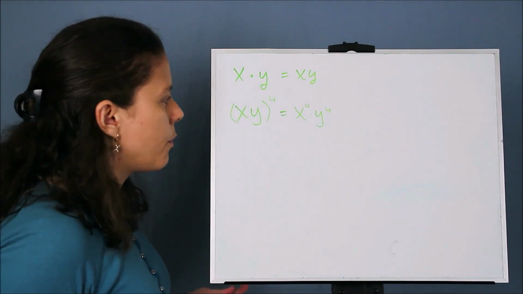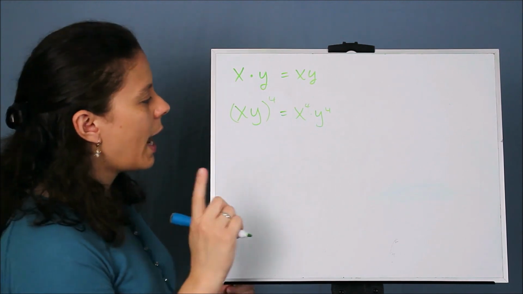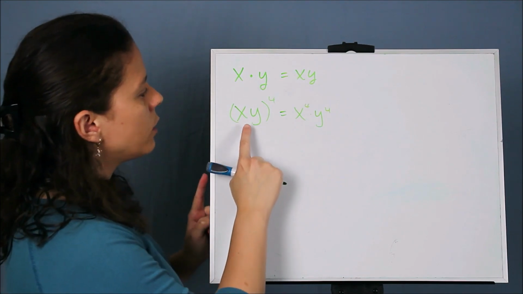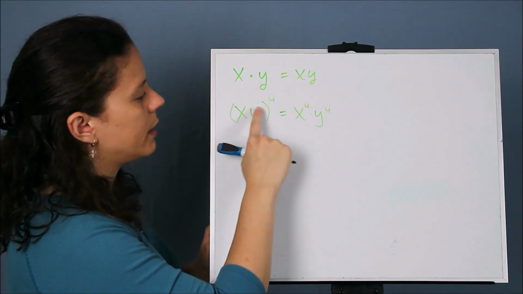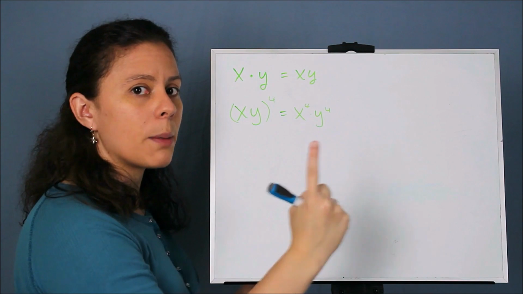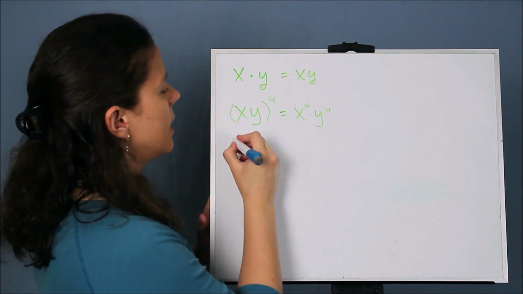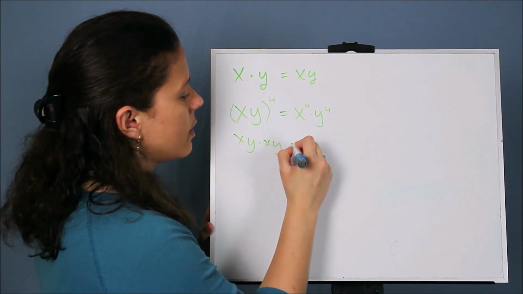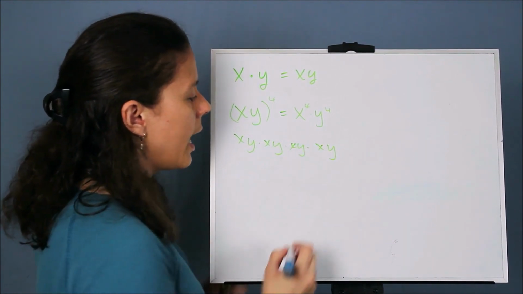Well, where does that come from? Again, the same thing. So actually, this one is very similar but a little bit different. And what you're really doing is that anything that is in that parentheses is being multiplied by itself 4 times. That means that this is xy times xy times xy times xy, right?